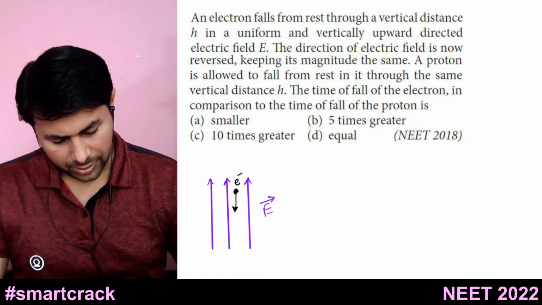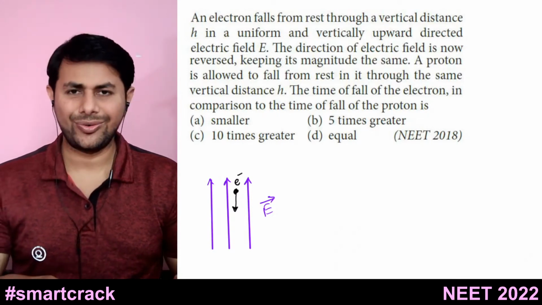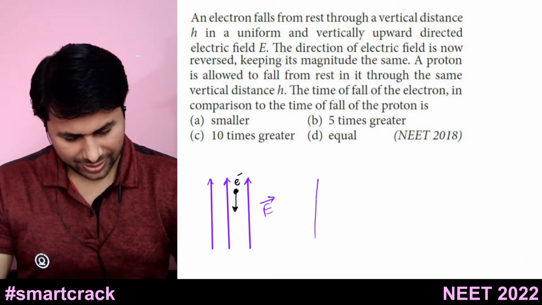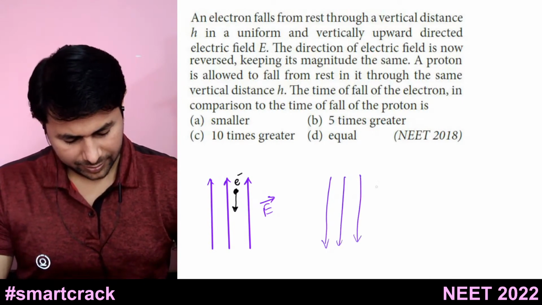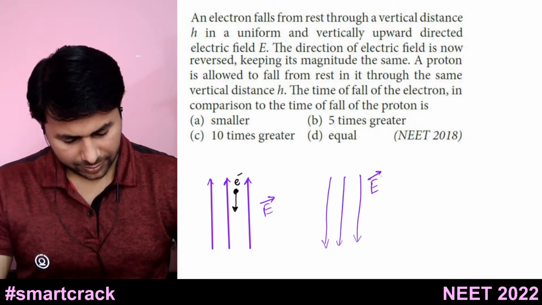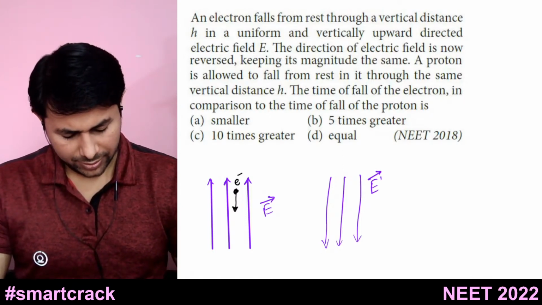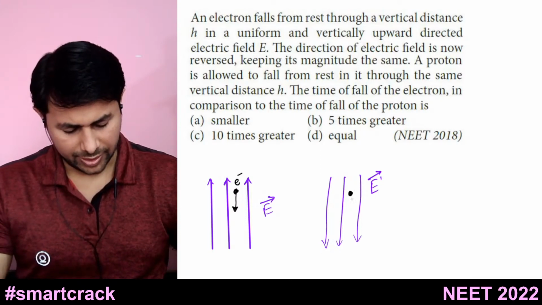A proton is allowed to fall from rest. Now we have reversed the direction, so this is, let's call it E prime, whose magnitude is equal to E, and now we are allowing a proton to fall in this field.